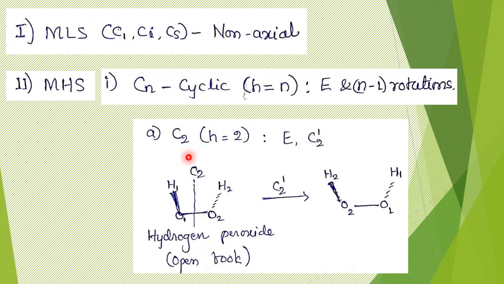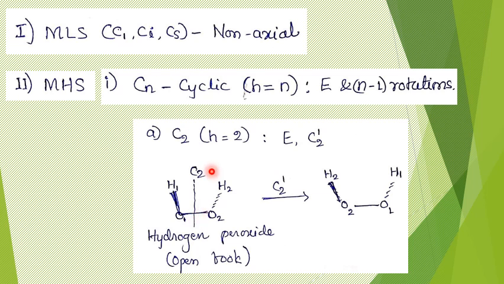Fine. So here the only operation possible on this molecule is C2 rotation. We have an axis of symmetry, and except that axis we don't have anything else possible. No other symmetry element or symmetry operation, except this axis of rotation, is possible on this molecule.